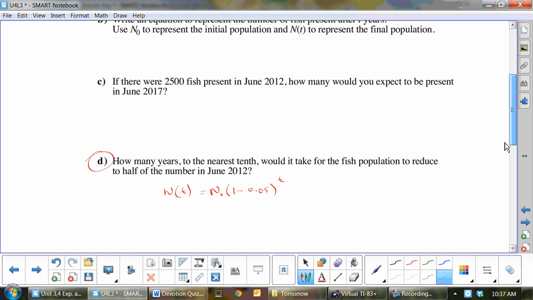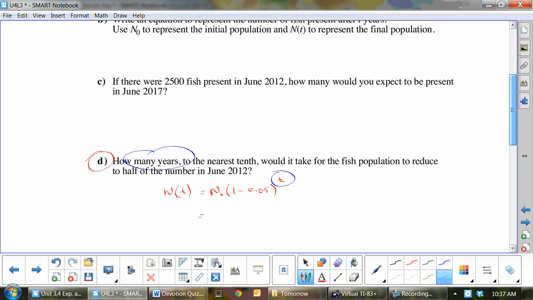So how many years, to the nearest tenth, would it take for the fish population to reduce to half? So I am looking for t. What would be N, N at that time? So N naught would be what?